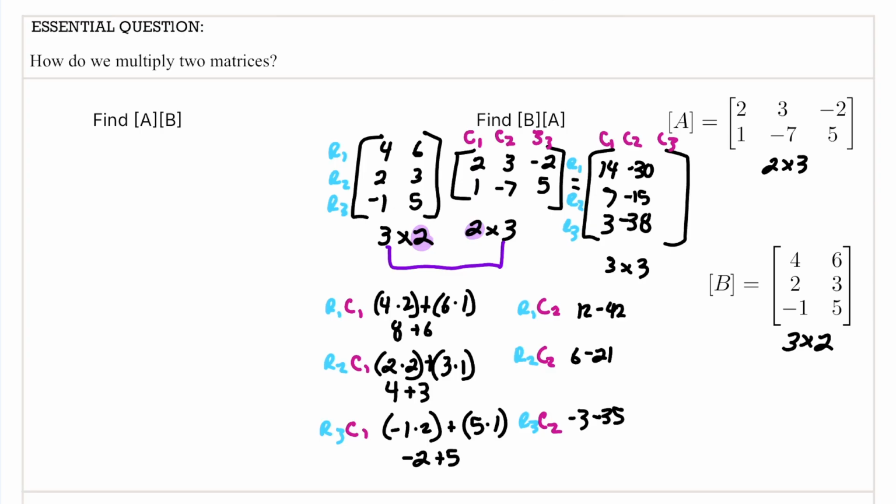And then we'll do row 1, row 2, row 3, column 3, which is going to be 4 times negative 2 is negative 8. 6 times 5 is 30. So that will be negative 22. 2 times negative 2 is negative 4. 3 times 5 is 15.